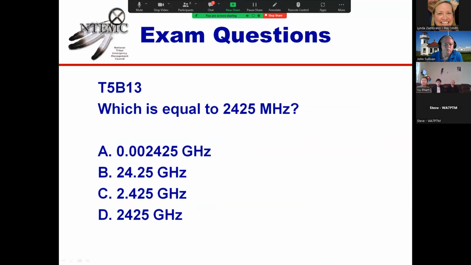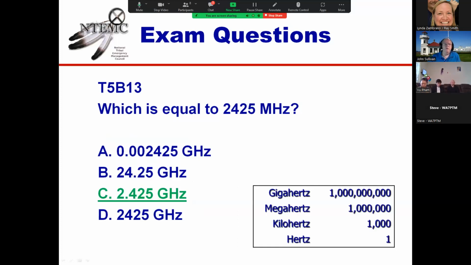Which is equal to 2425 megahertz? So this time we're shifting to gigahertz, so it's going to be 2.425 gigahertz. Again, move the decimal 3 places.